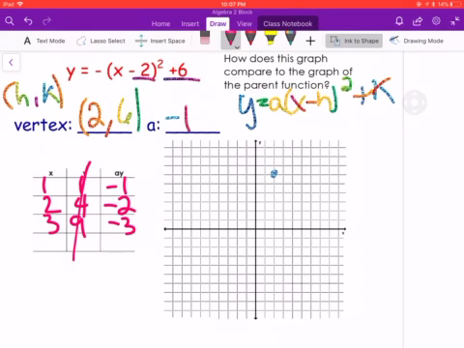So from the vertex, over 1, down 1. I'm going to draw in my axis of symmetry. Again, the axis of symmetry will be the equation x equals 2. That's our x value. So I can reflect that over 2, down 4, reflected over 3, down 9.